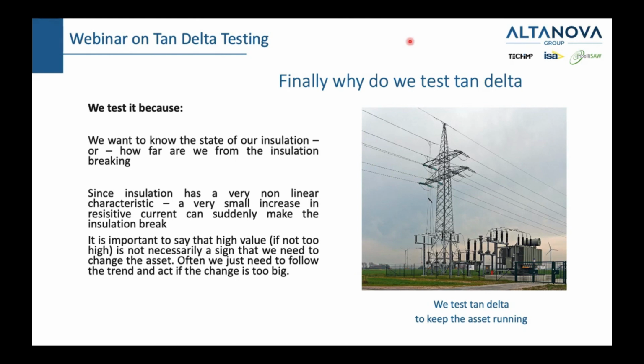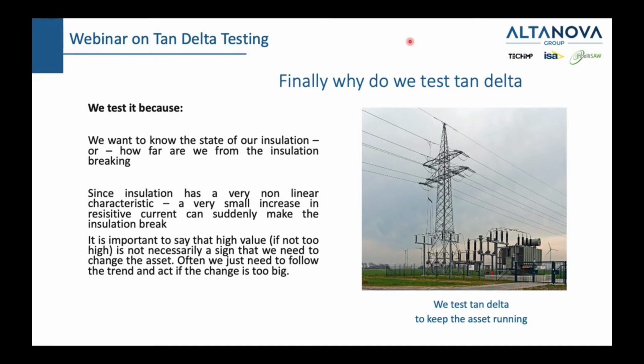we want to know the state of our insulation, or we want to know how far we are from the insulation breaking. And since insulation has a very nonlinear characteristic, a very small increase in resistive current can suddenly make the insulation break. So also it's important to emphasize that a high value of tan delta, not too high, and later you will find out what is high, is not necessarily a sign that we need to change the asset.